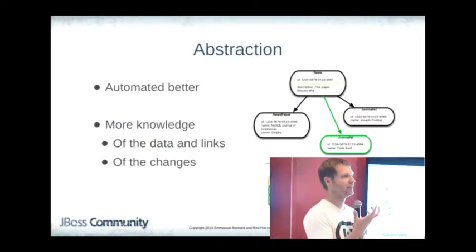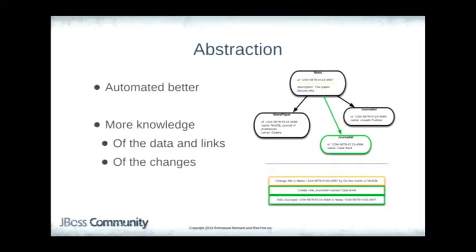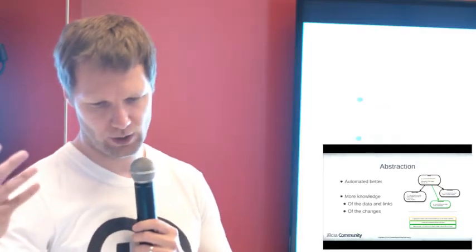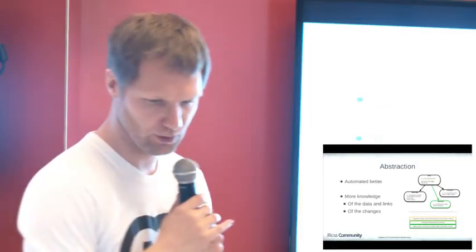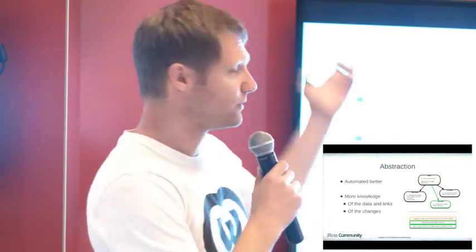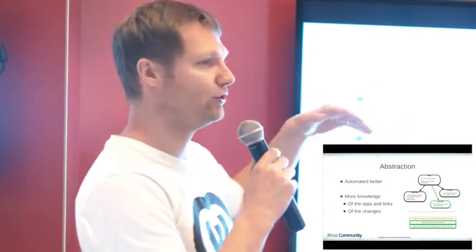As I was saying, Hibernate ORM, an ORM generally speaking, is some kind of abstraction on top of the underlying engine. So it could be a document store, it could be a graph database, it could be something like Cassandra, or a key value store and so on. What is good about the abstraction is, A, we can do a lot of stuff better in an automated way.